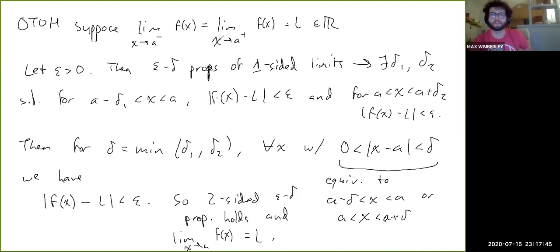And then for the infinite case, if these both equaled infinity, there would just be a delta 1 and a delta 2.